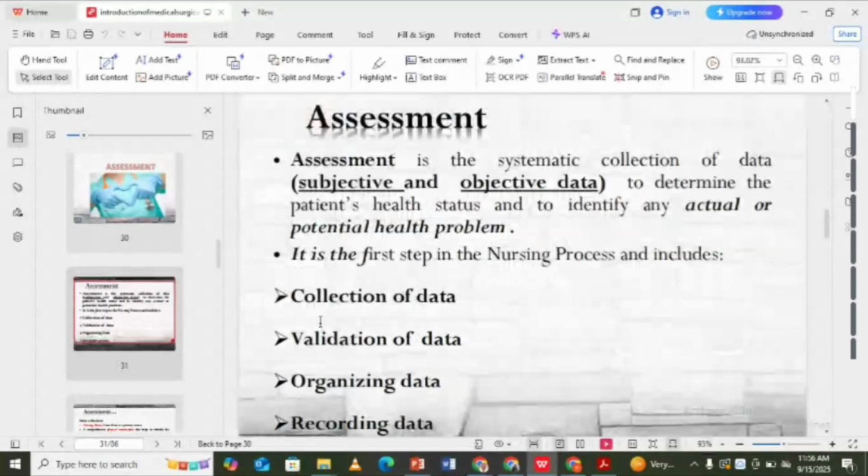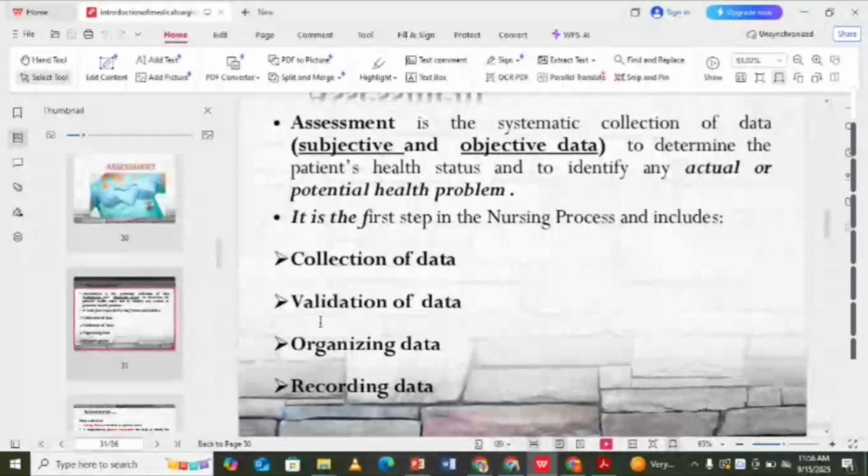So it helps you to collect the data and validate that data. How do you validate the data? Joshua Kimtai. Joshua, how do you validate?